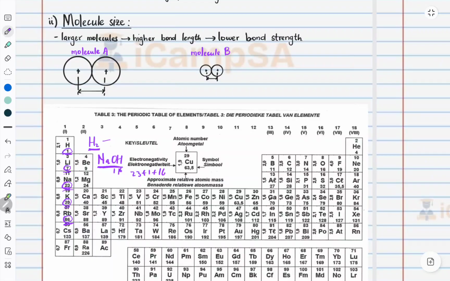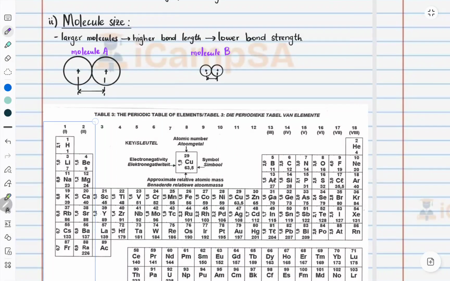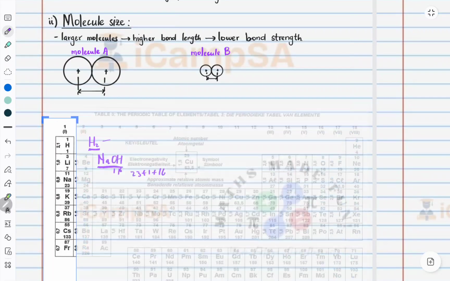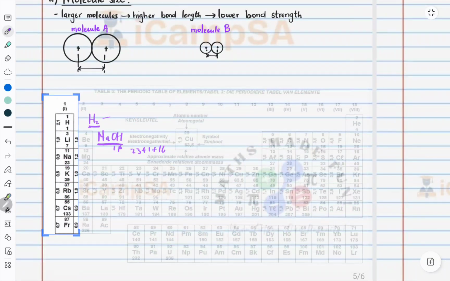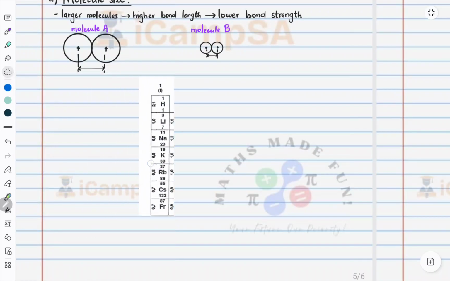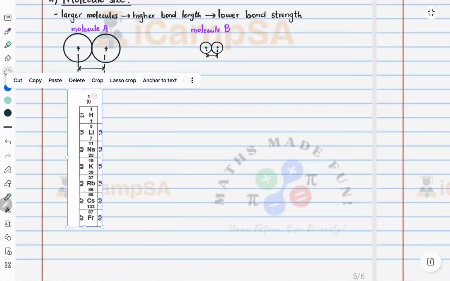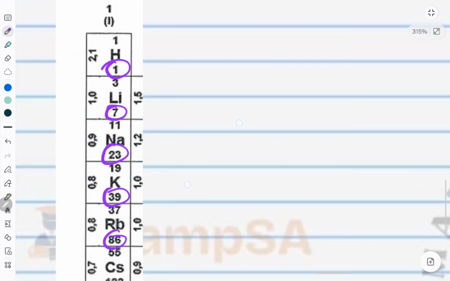So by molecule size, we are referring to these atomic mass numbers. All right, so for the purpose of this, let's check group 1. Group 1, we know that these values will show us atomic mass.